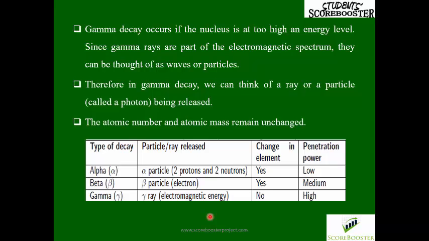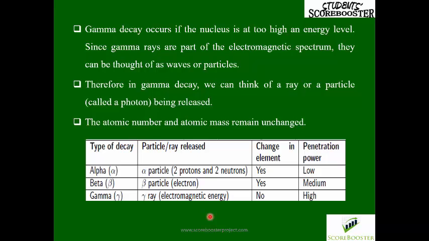During a gamma decay, the atomic number of the element and the atomic mass, both of them remain unchanged because the gamma ray has no charge and no mass. We should not forget that in alpha decay, the mass number reduces by 4, the atomic number reduces by 2.